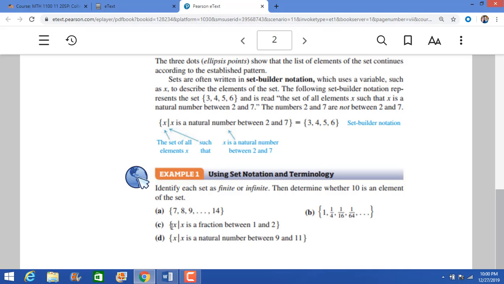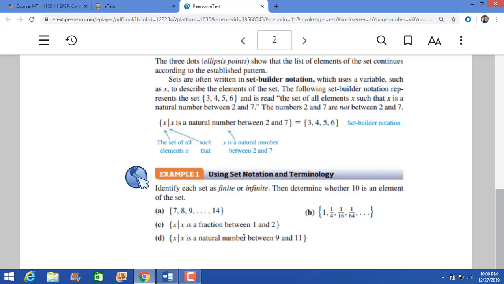And then, of course, C is in set builder notation, so we have to read it. This is the set of all x such that x is a fraction between 1 and 2. Is this an infinite or finite set? For the same reasoning that all fractions between 0 and 1 is an infinite set, so is this set.